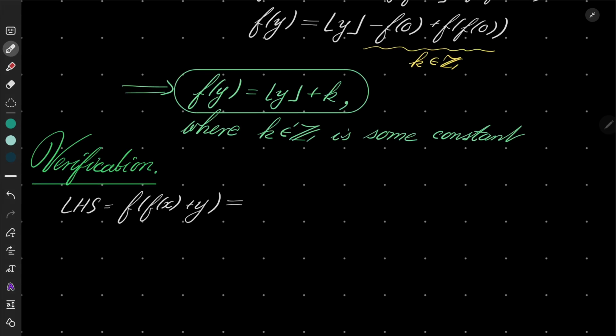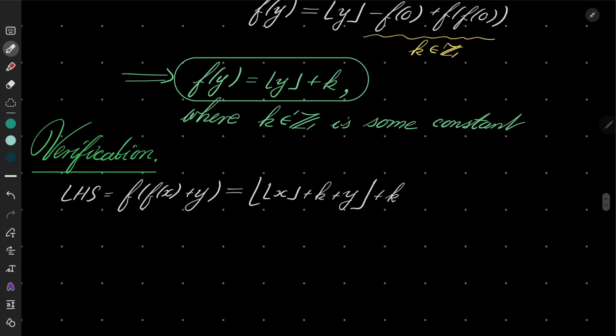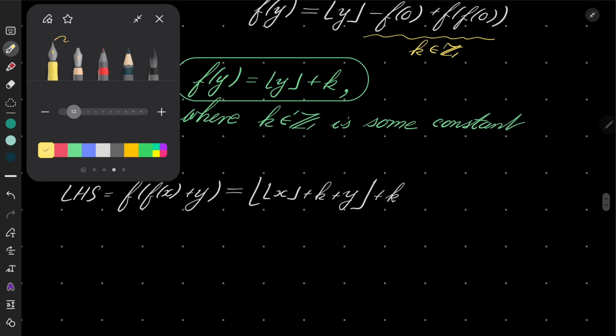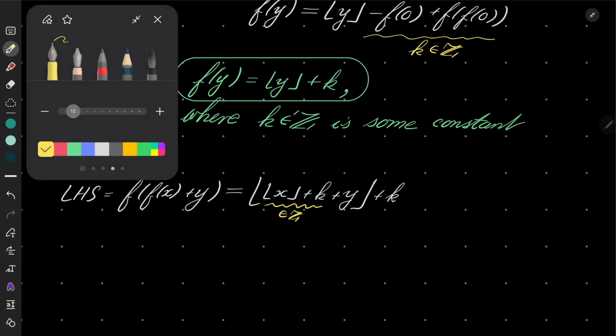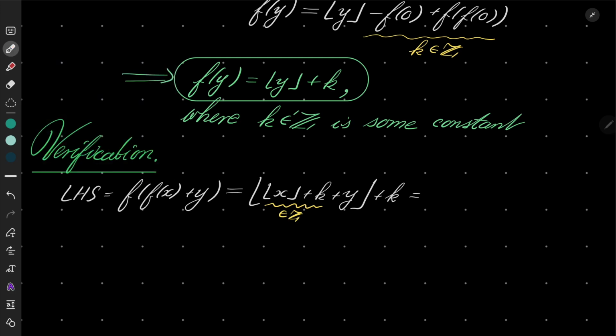And what is it? Well, now we know that it's floor of x plus y, floor plus k. And now notice that this part is obviously an integer, so it can be written as floor of x plus k plus floor of y plus k again.